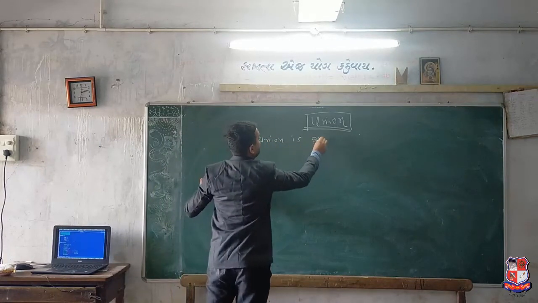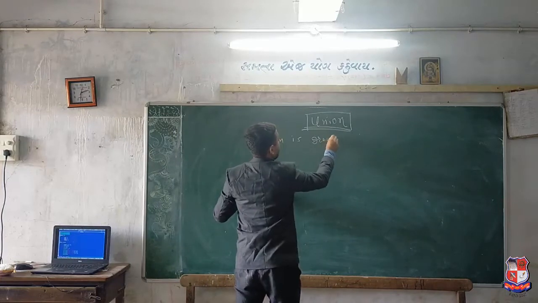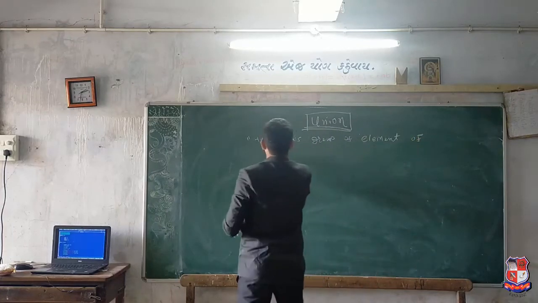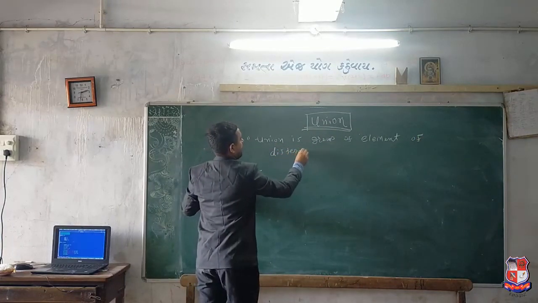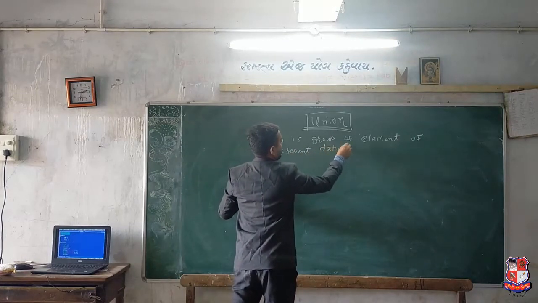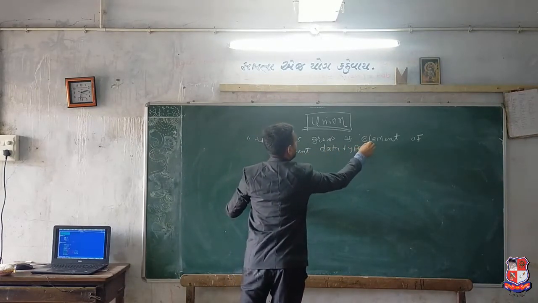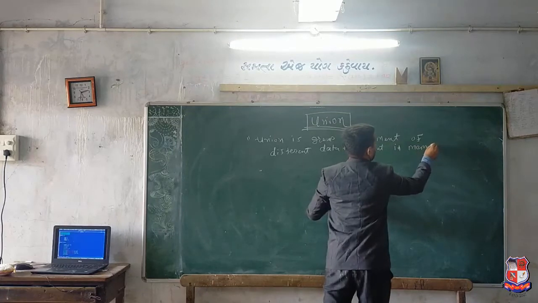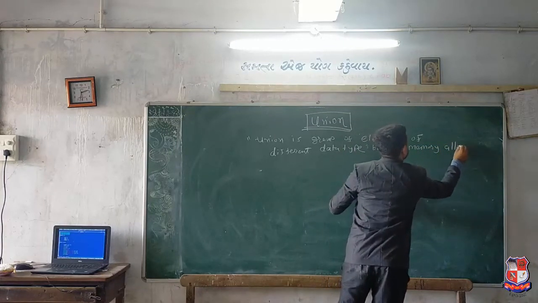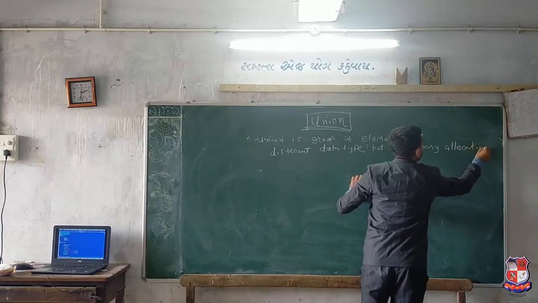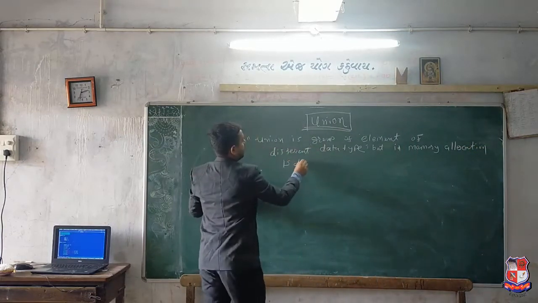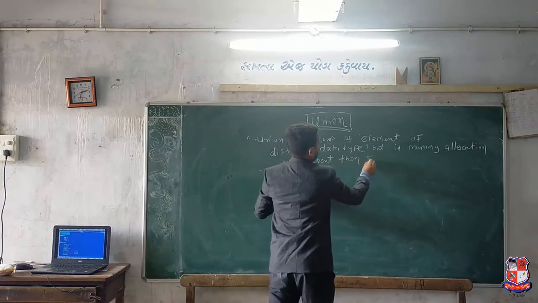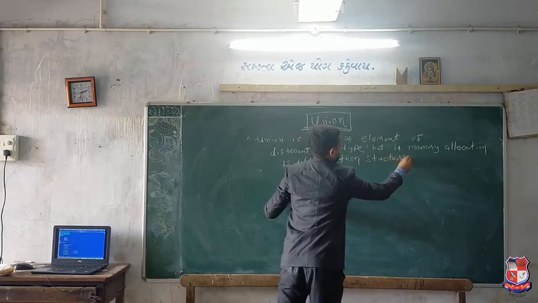Union is a group of elements of different data types, but the memory allocation is different than structure.